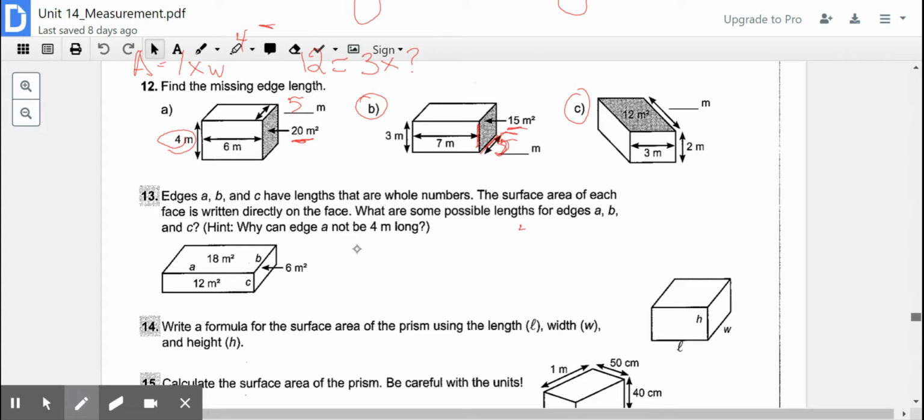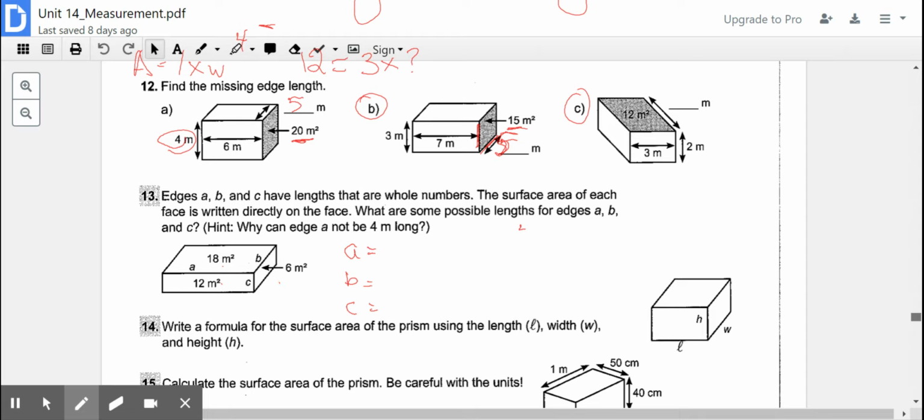So let's kind of put in A, B, and C. And we know that they're whole numbers, so there's no decimals here at all. And I need numbers that are going to multiply to make 18, 12, and 6. Okay?